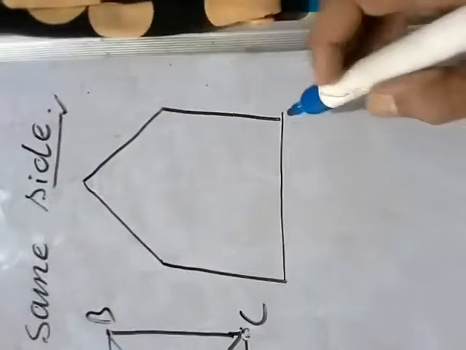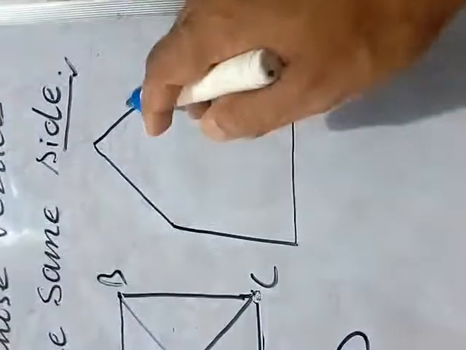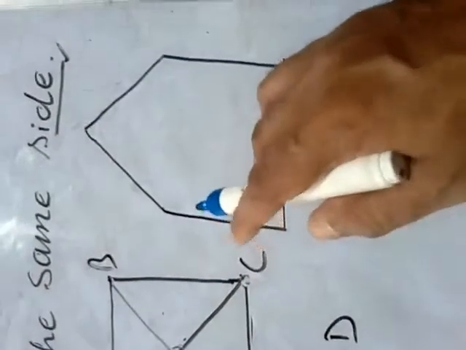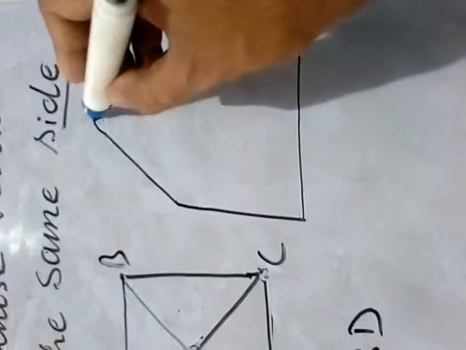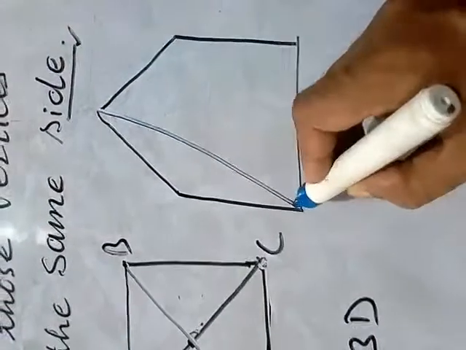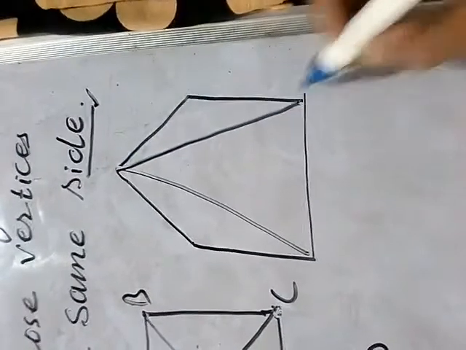Suppose you have one more polygon, that is a pentagon. 5 sides are there: 1, 2, 3, 4, 5. So how many diagonals can you construct? We can join this vertex to this vertex, then this vertex to this vertex, that is two diagonals.